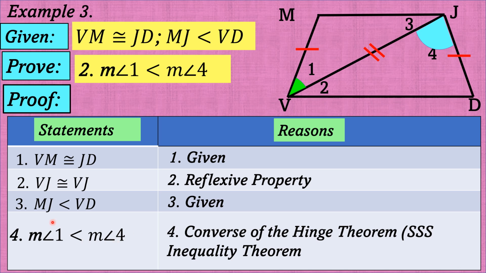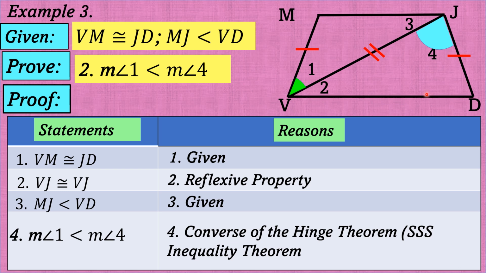Pero sinabi dito that side MJ is the third side of the first triangle. And side VD is the third side of the second triangle. So makikita natin dito that the third side of the second triangle is longer than the third side of the first triangle.